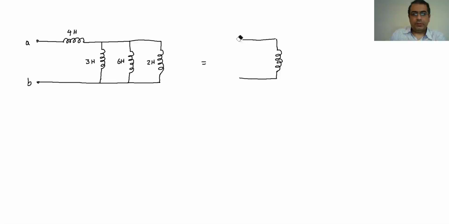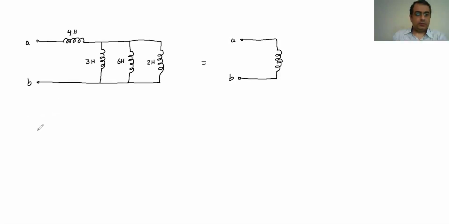So how can we do that? Again, it's going to be A and B. If we look at the circuit, we can see that these three here, the 3 Henry, 6 Henry, and 2 Henry, these three on the right side, are all in parallel.